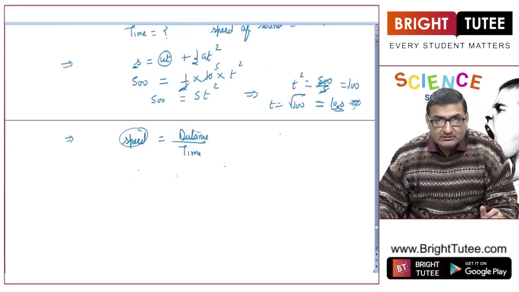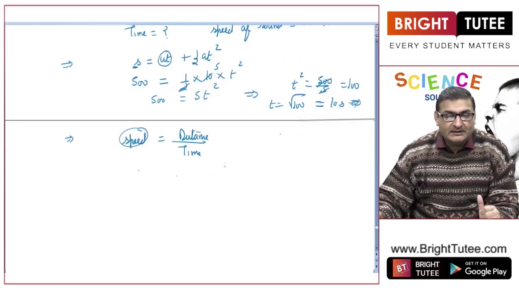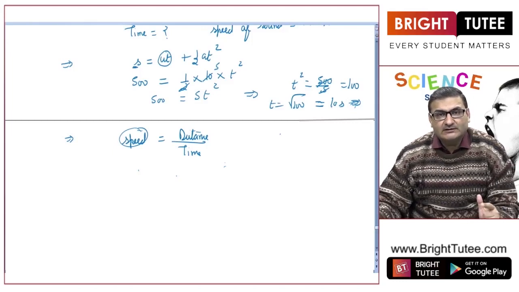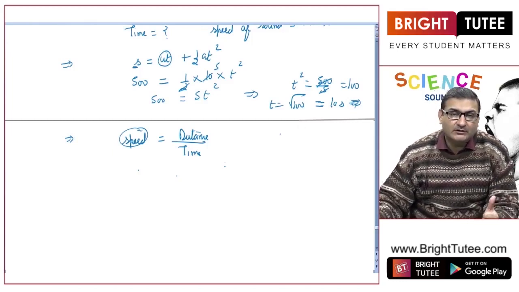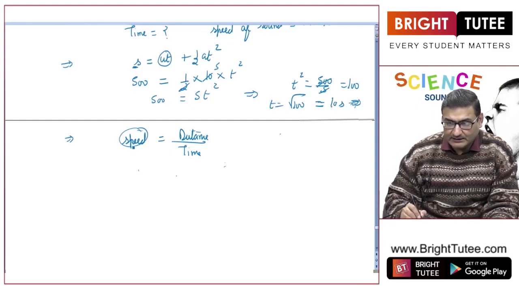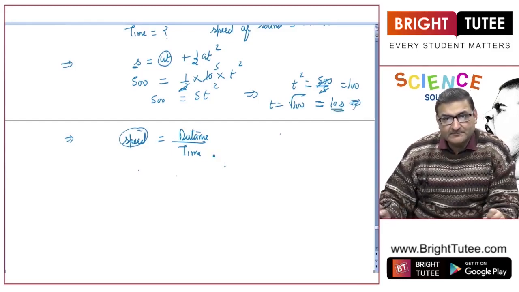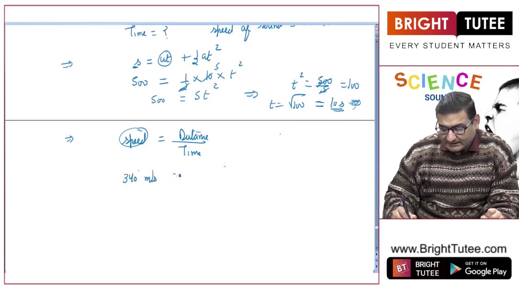So the stone takes 10 seconds to reach the pond. Now we also need to calculate what exactly will be the time taken by the sound to travel the same distance. And how am I going to calculate it? I am going to calculate it using the formula speed is equal to distance upon time. Now the speed is given to be 340 meter per second. Distance given is 500 meter.